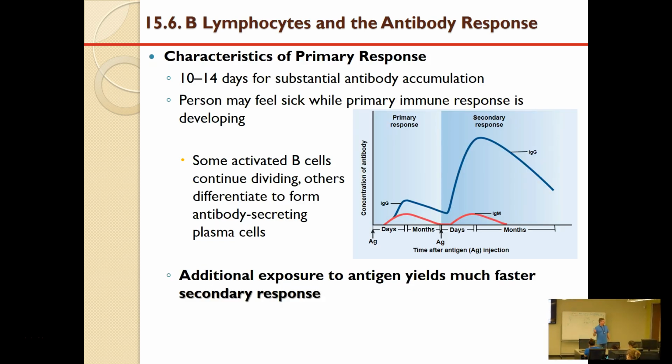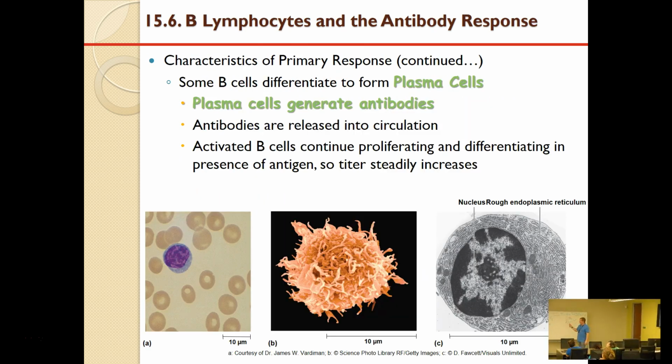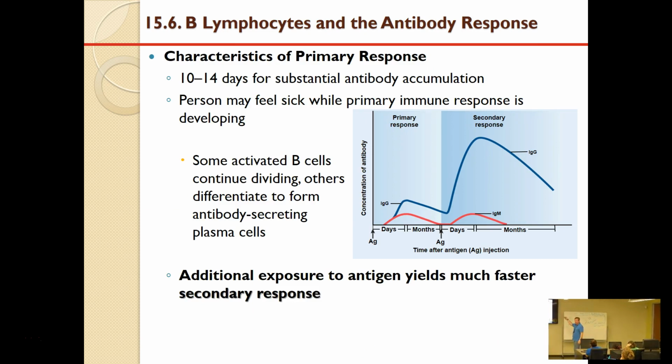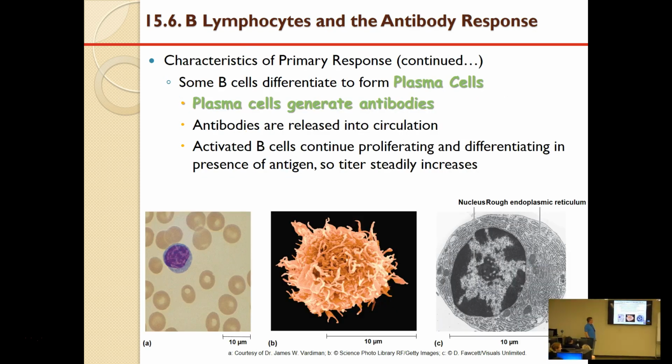All right. So we talked about primary versus secondary. We get that much faster response because memory cells are there now. The next slide is talking about some B cells differentiating to form plasma cells. We've already talked about that ad nauseam today. So we know that the B cells, after they become activated, become plasma effector cells. The antibodies are then just released into circulation.